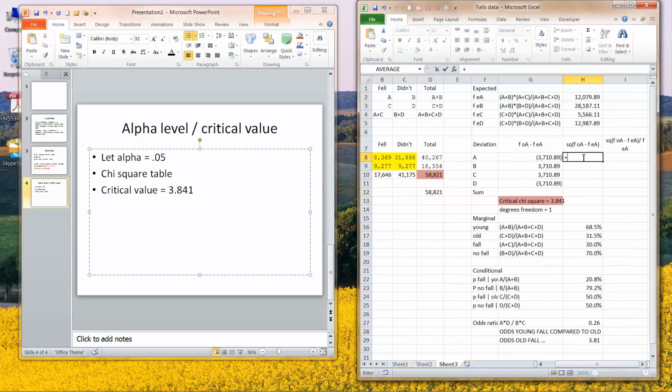And now we square those values. Don't have enough space here.